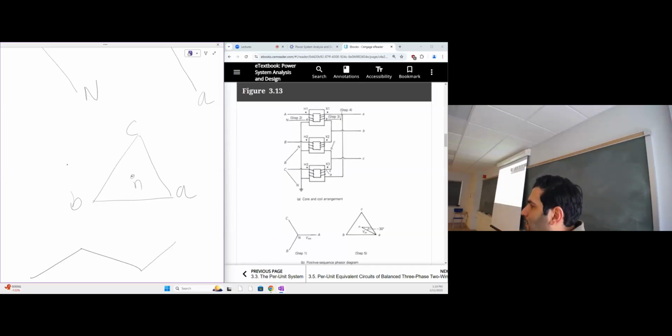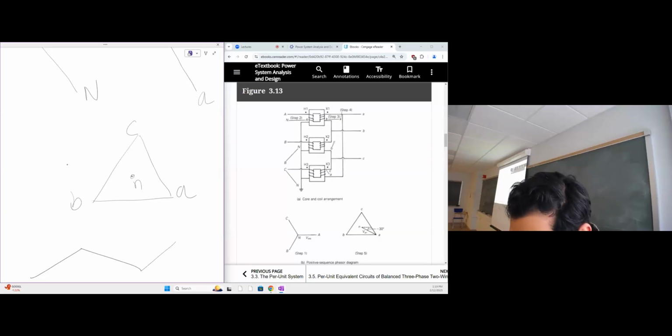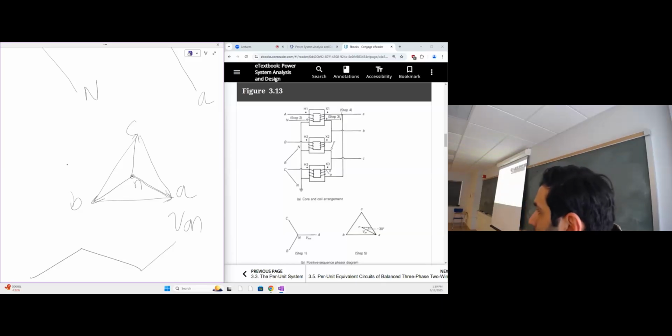To relate that to the phasors, the output phasors for us, we have like three connections from C to N, from A to N, from B to N, or N to B, whatever. So if I'd like to determine VAN, I should measure this thing here. Okay? What's needed to determine a phasor?